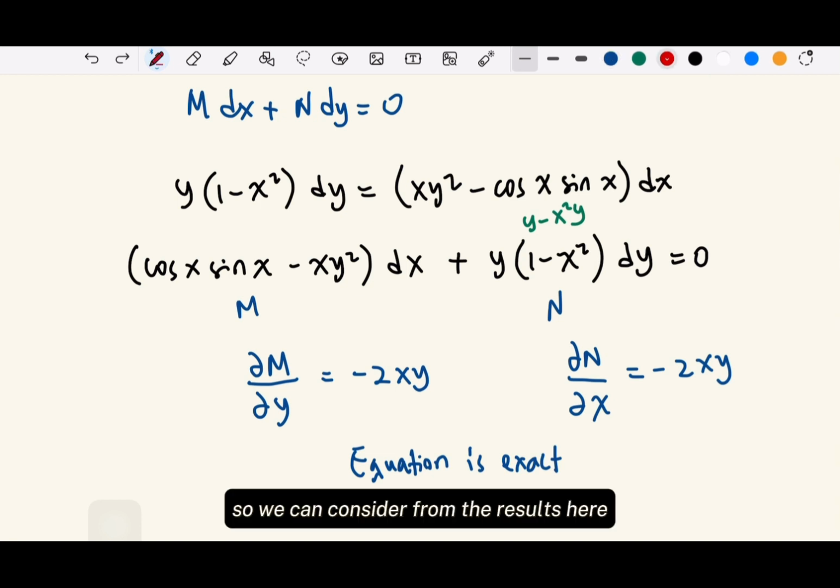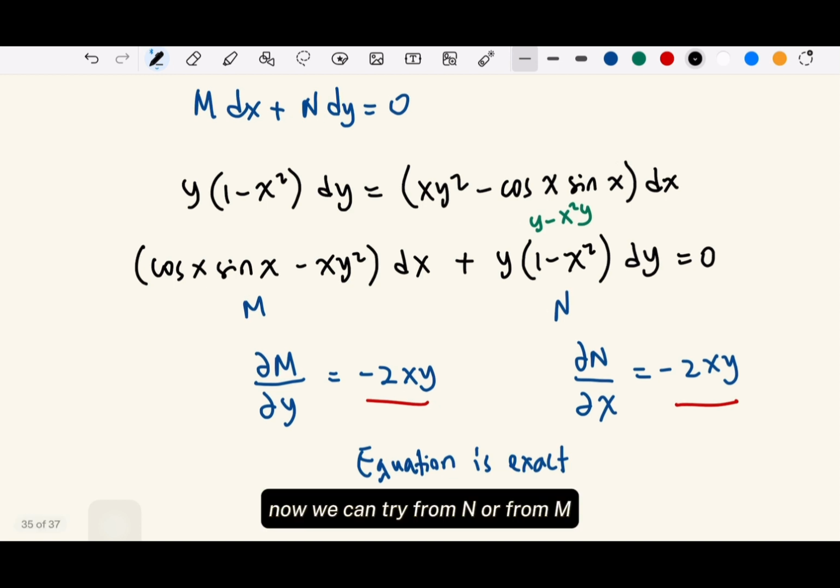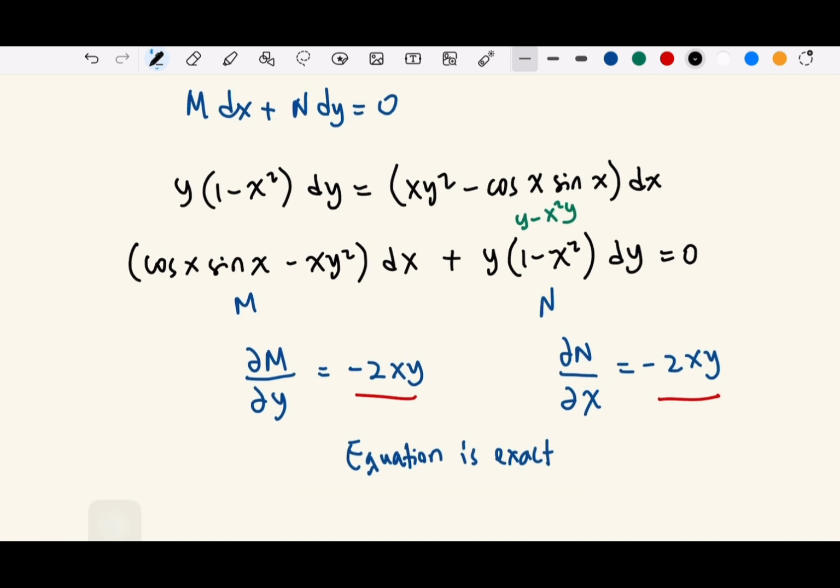So we can consider from the result here. Now we can try from n or from m.